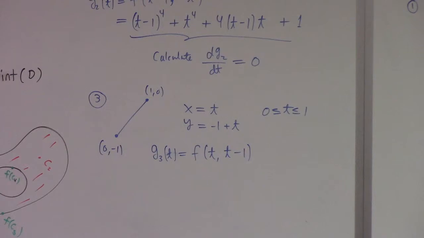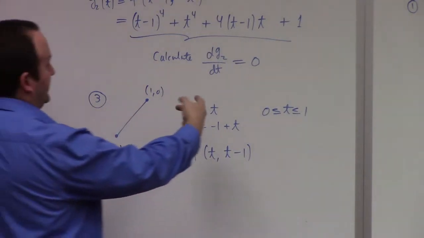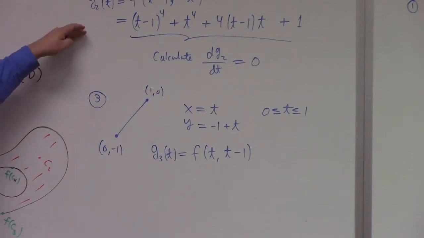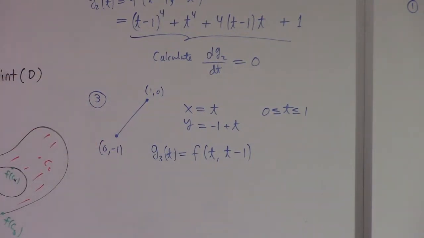And you can see that the formulas for x and y are the same here too. So whatever you find as min-max in step 2 has to be reflected in step 3, although at different points. But anyway, same song and dance.